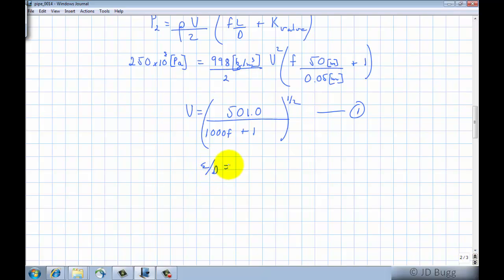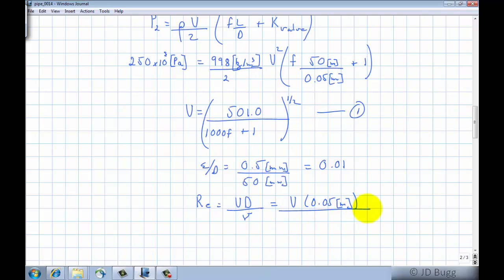For the relative roughness, epsilon over D, the roughness elements were 0.5 millimeter high. The pipe diameter is 50 millimeters. So the relative roughness is 0.01. The Reynolds number is equal to the velocity times the diameter divided by the kinematic viscosity. So our velocity, our diameter, 0.05 meters, and the kinematic viscosity was given to us as 10 to the minus 6 meters squared per second.